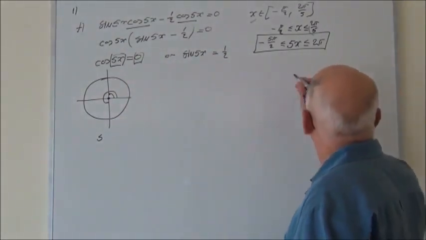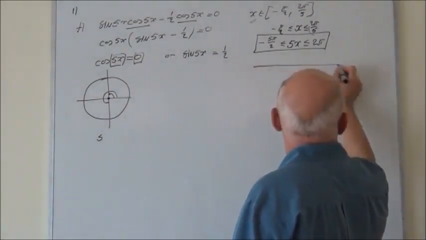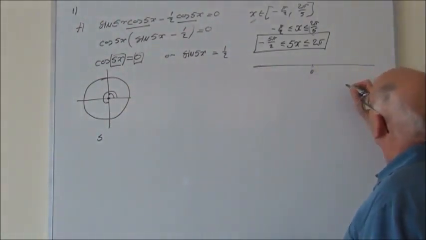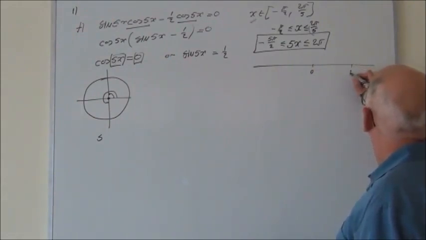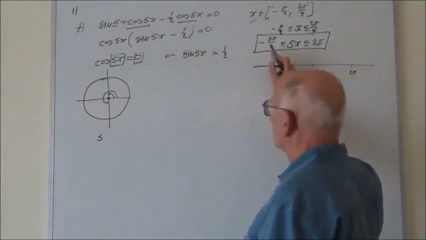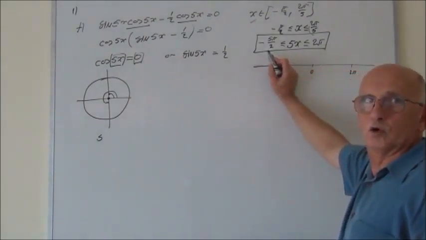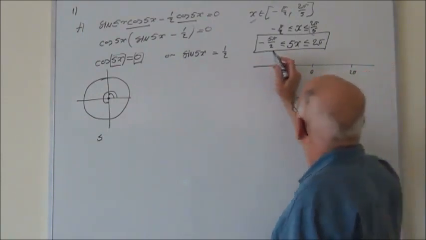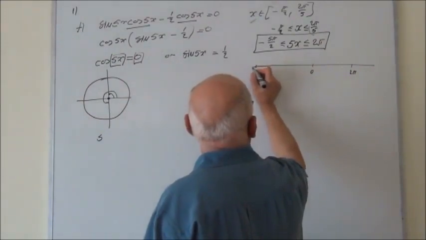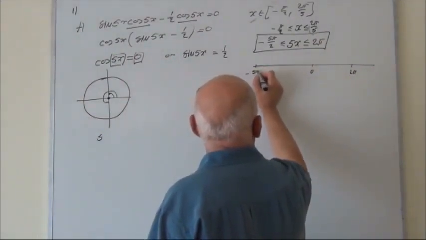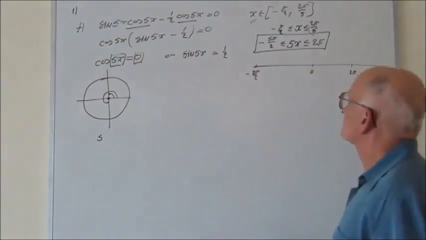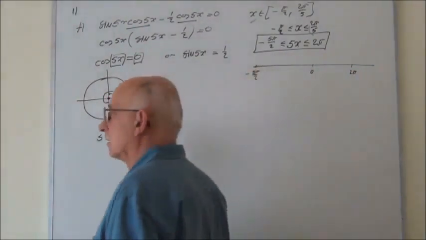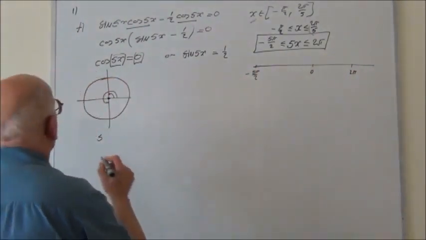To make it easier, I recommend this line 0 and 2 pi, and on the other side 5 pi on 2, that is 2 pi and 1 pi on 2 more, somewhere here, minus 5 pi on 2, a little bit longer than this. And now we can start getting our solutions.